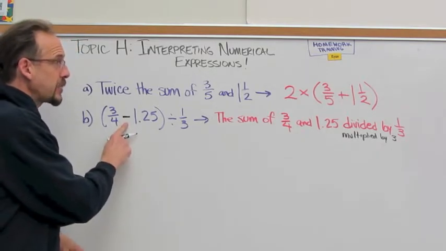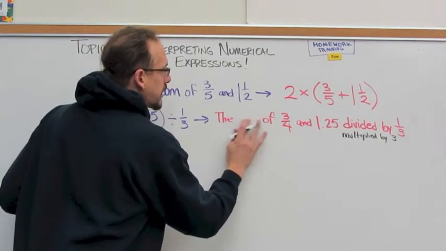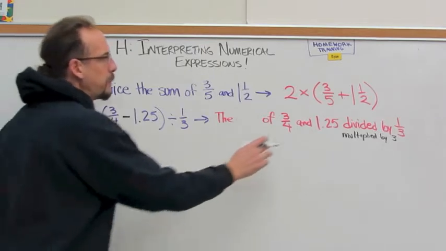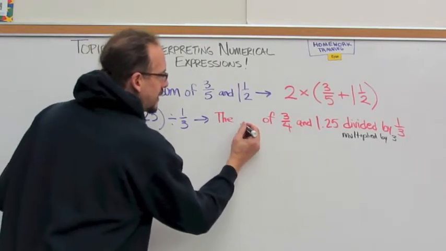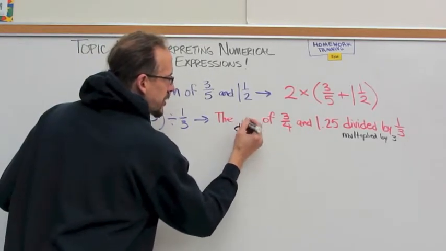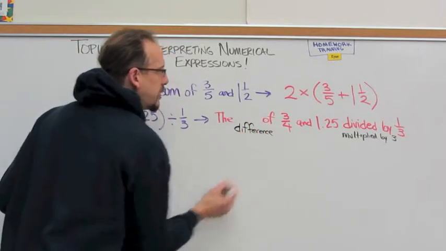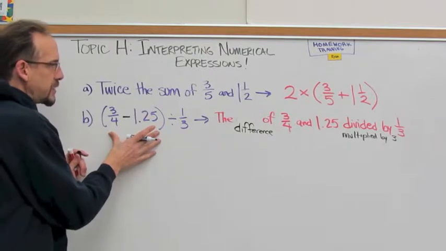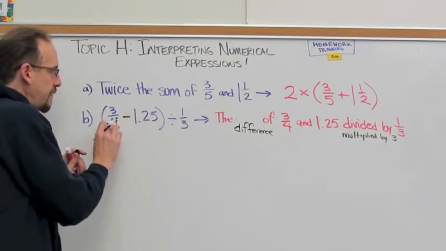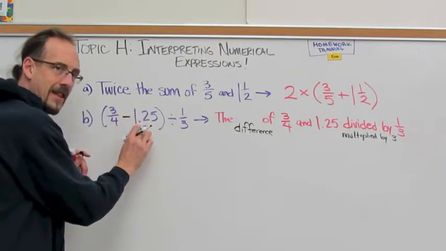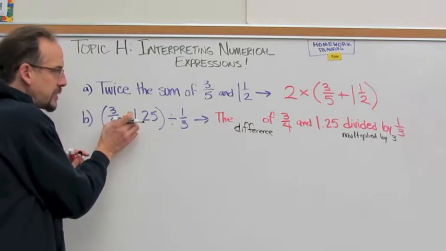If it was subtraction, kids often struggle with this part because they see the word and in here. All that would change is this word. Instead of sum, we would write difference. The difference of this is still the difference of this and this. The difference is the subtraction part.